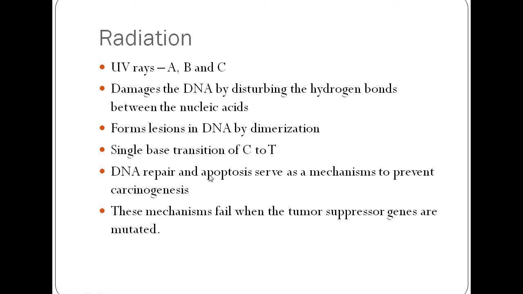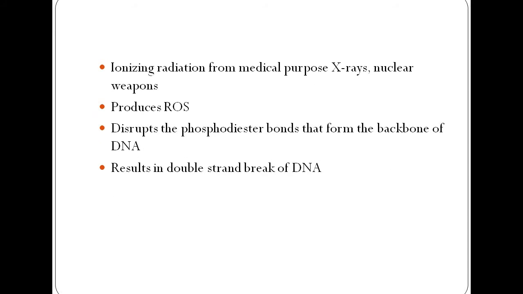Here, apoptosis is the main way of stopping the development of this particular cancer. Apart from that, we also have tumor suppressor genes, but sometimes the tumor suppressor genes also get mutated, and it results in cancer ultimately. Apart from this UV radiation, you also have X-ray radiation and nuclear weapons.